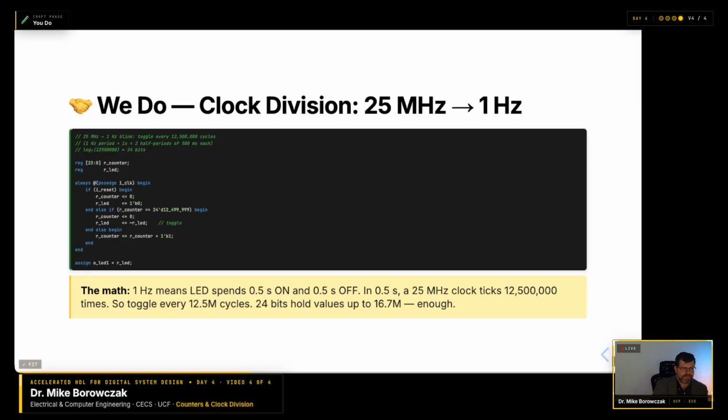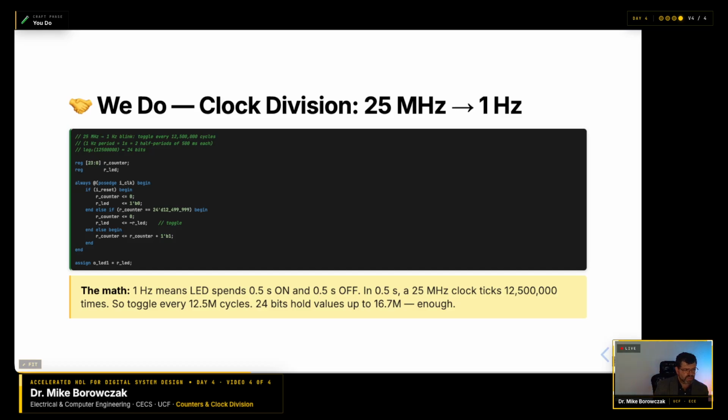So if we have a 1 hertz cycle for an LED, what we're really saying is an entire cycle is 1 second long, which means it's going to spend half a second on, half a second off. So basically, we can do this. 25 megahertz clock ticks, like we computed here, 12.5 million.